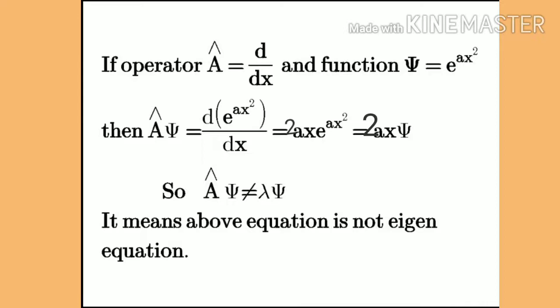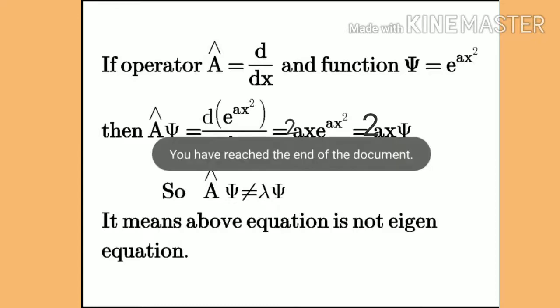Here the result is the function multiplied by 2ax. So a is constant but x is not constant, x is a variable. So here the condition is not fulfilled because a cap psi is not equal to lambda psi. It means the above equation is not an eigen equation.